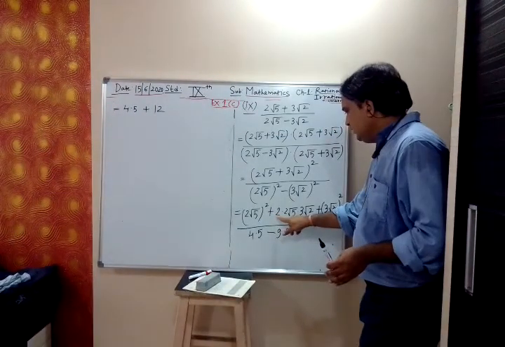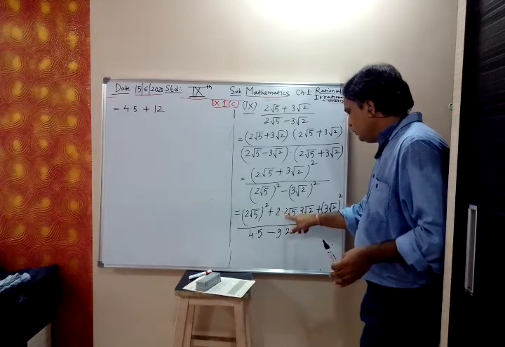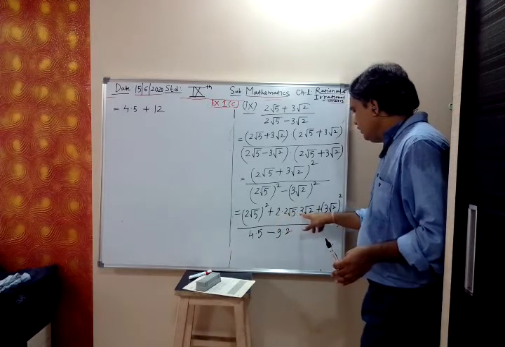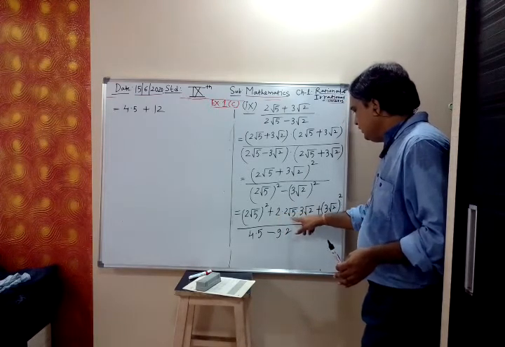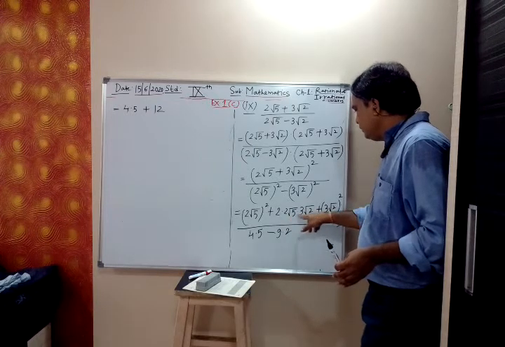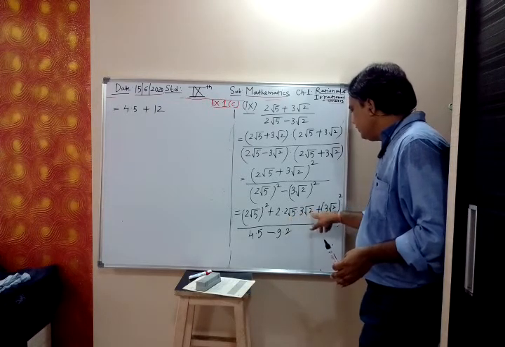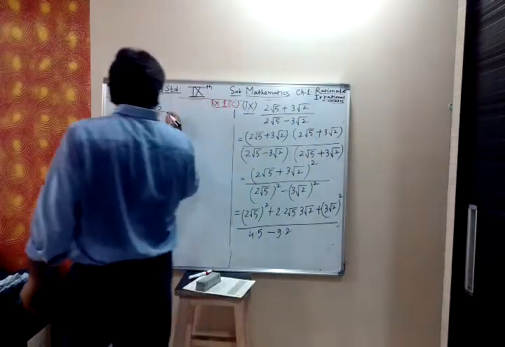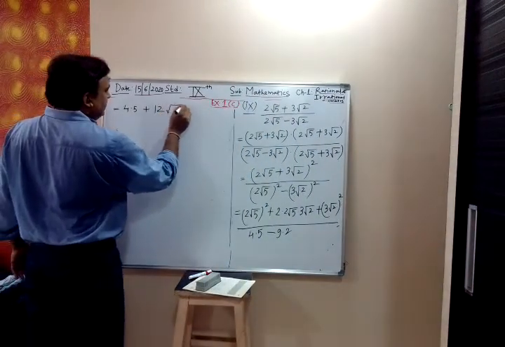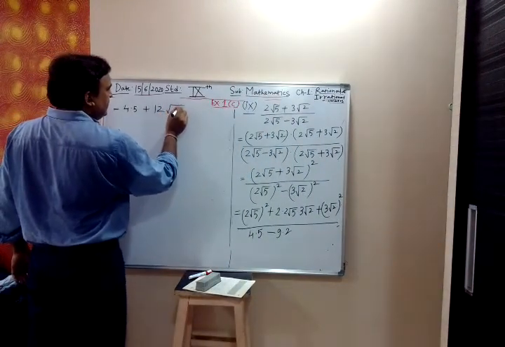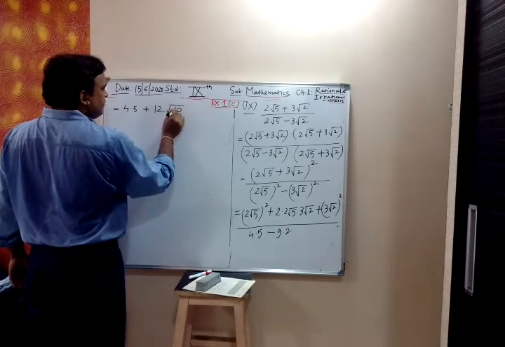Then root 5 into root 2 will be root common, 5 into 2, 10. So that will be 12 root 10.